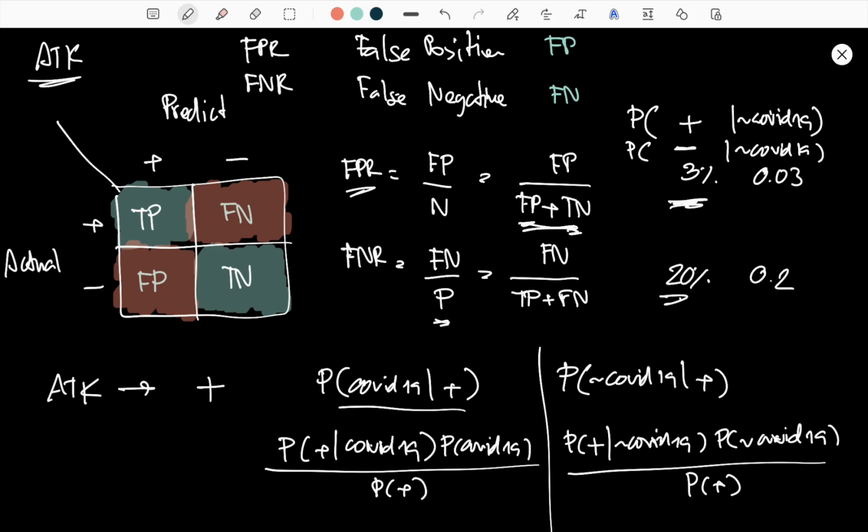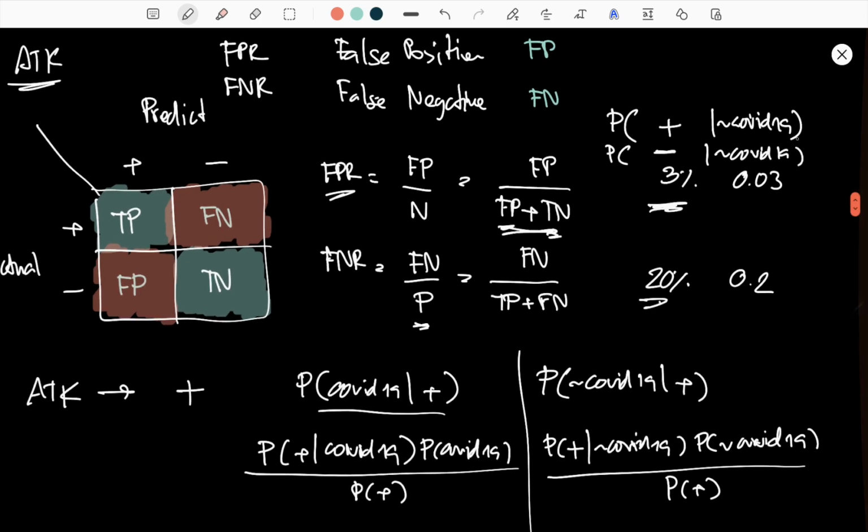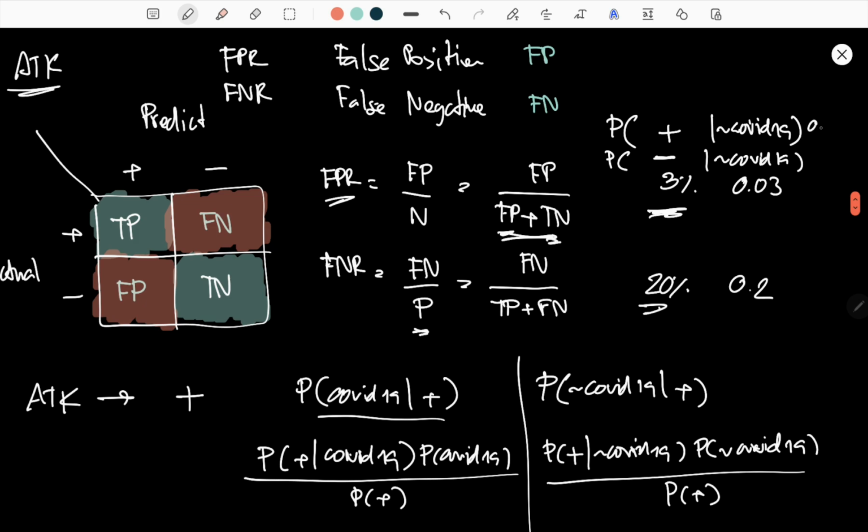So this one is 0.03, this one is 0.97, or 97% correct in the case that it is not COVID-19, right? And the positive result returned is 3%.